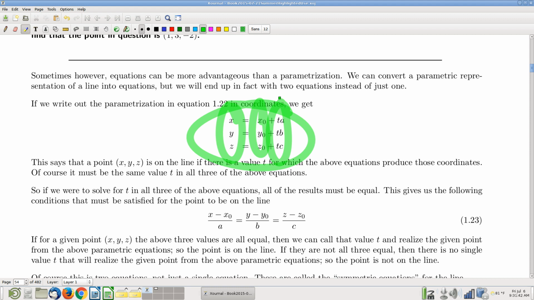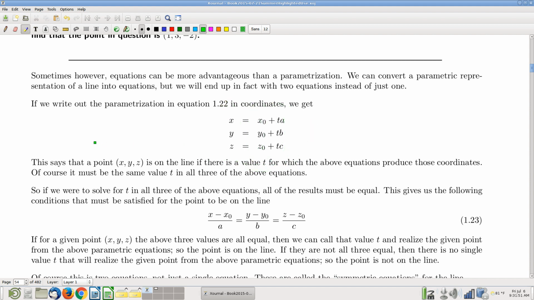I've written the parametric equations, as they call them, one equation at a time instead of as a vector equation. So that's a parameterization of the line. Suppose I want to turn this into a test. It's nice to have a point generator sometimes, but sometimes you need to test a point. It turns out there's an easy way to do this, and the argument goes as follows.